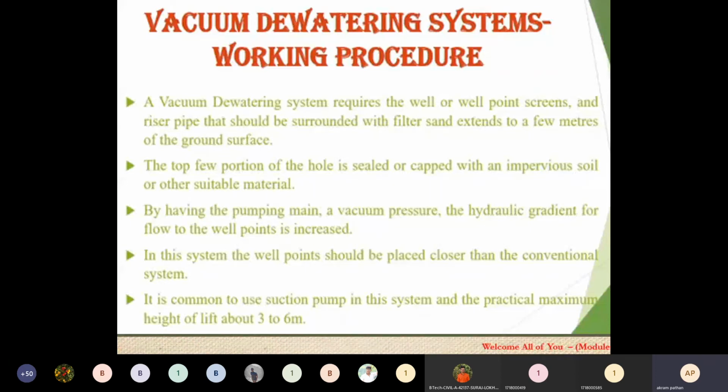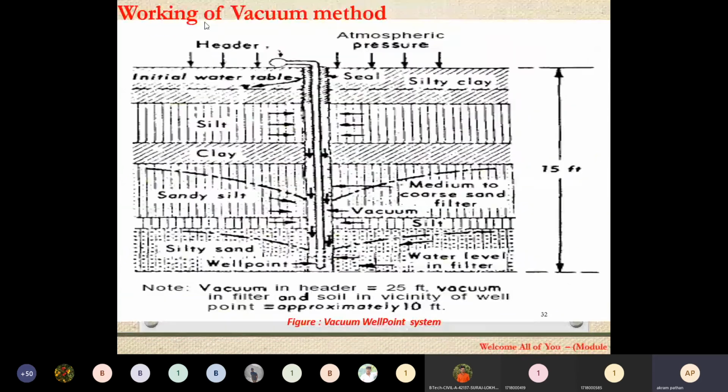Then vacuum pressure is created which permits the hydraulic gradient for water to flow. The water can then discharge. So this is the simple method by which we can dewater the area for the excavation of the foundations.